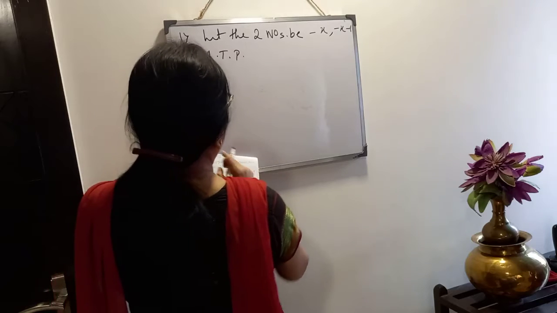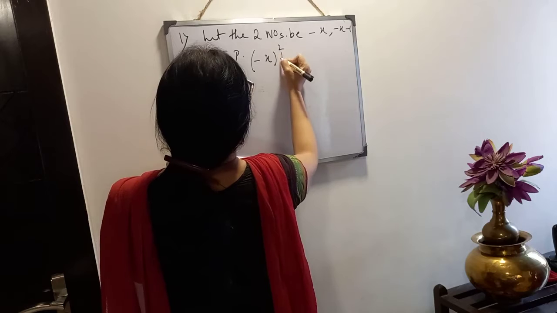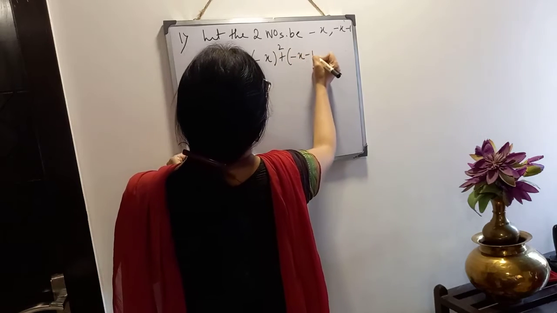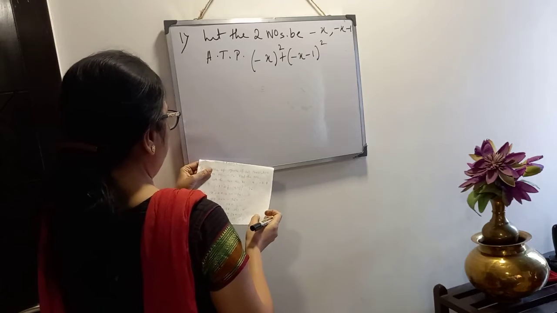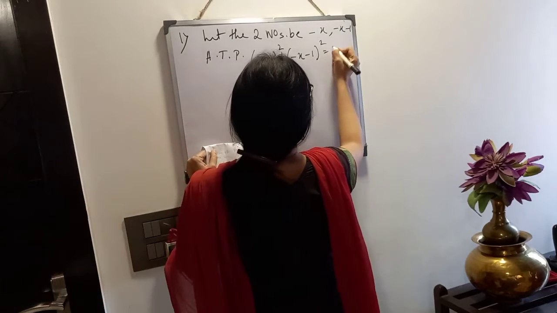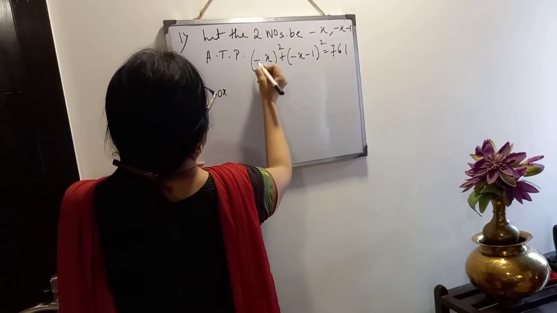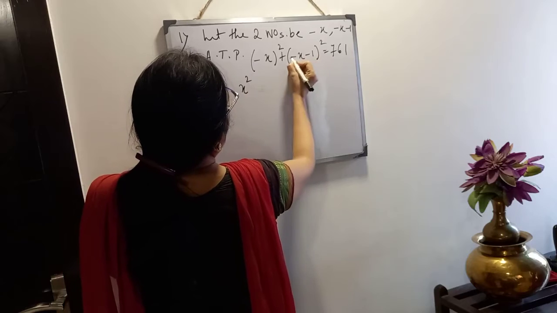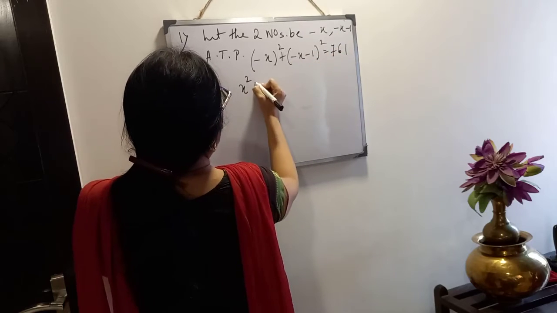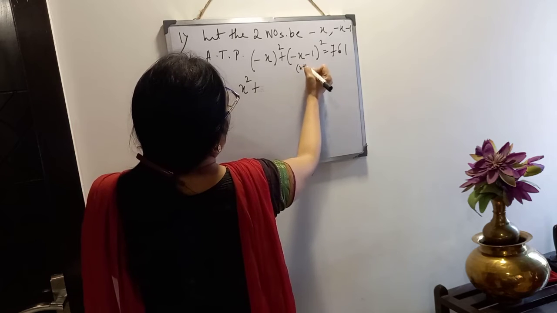According to the problem, the sum of the squares of two consecutive negative numbers is 761. Here, minus x whole square means it will become plus. And if I take minus common, then whole square means it is becoming plus. So it becomes x plus 1 whole square.